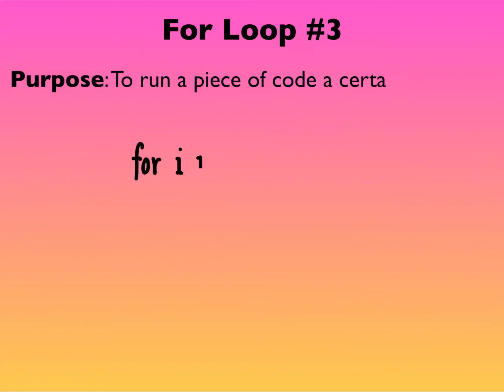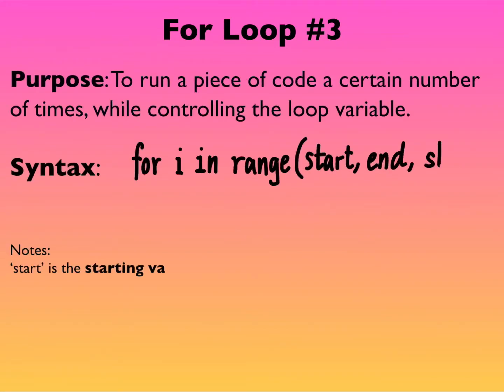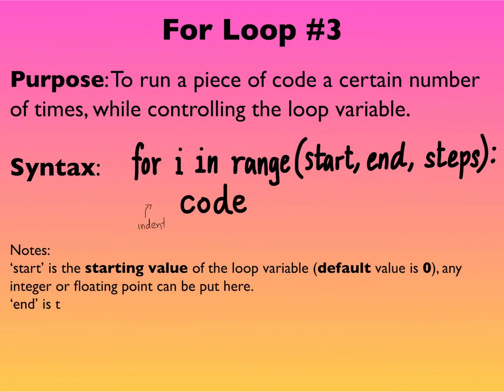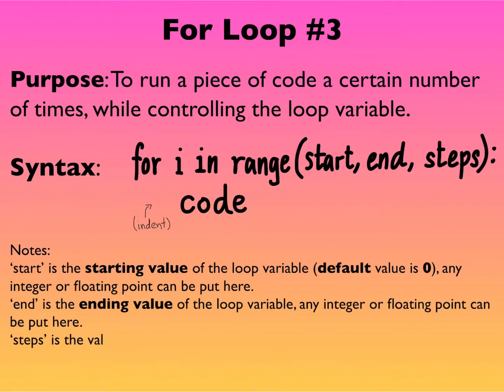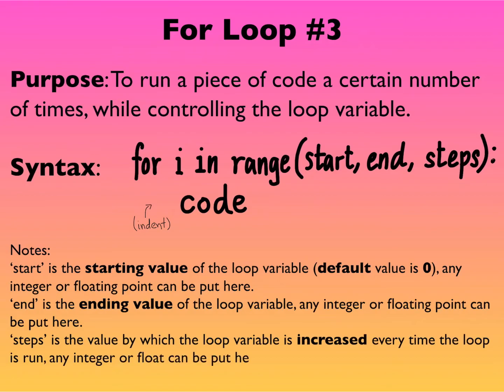For loop number 3. Purpose: to run a piece of code a certain number of times while controlling the loop variable. Here is the syntax. Notes: start is the starting value of the loop variable. The default value is 0 and any integer or floating point value can be put here.